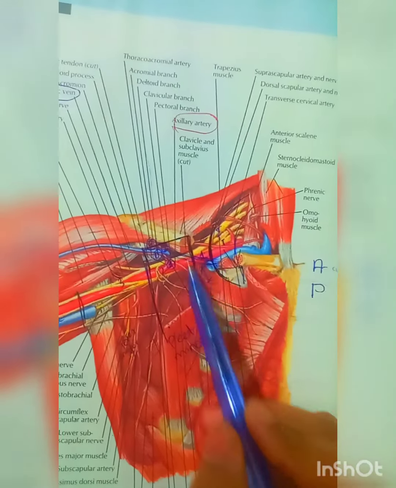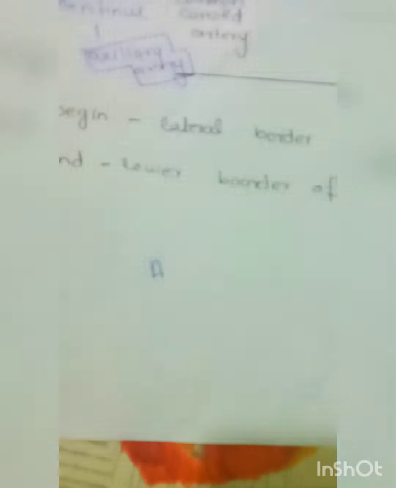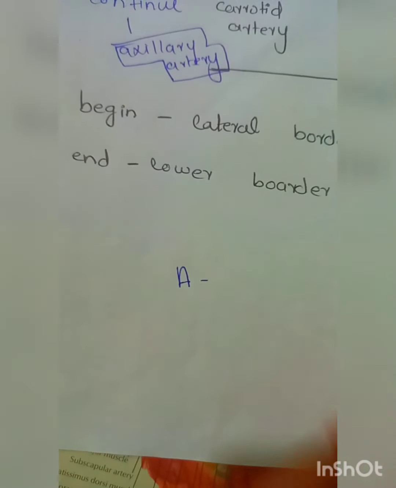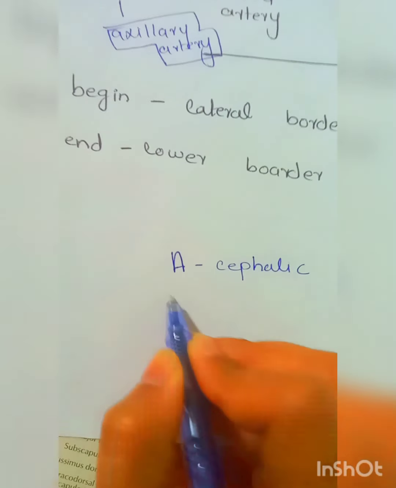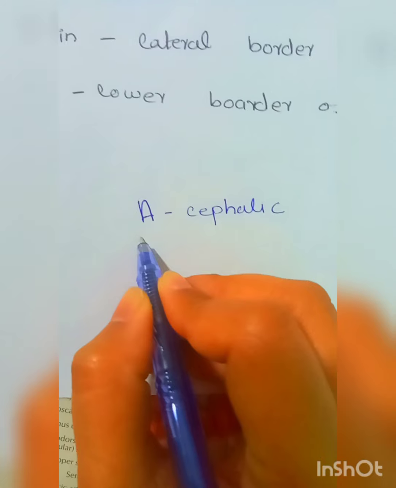So, the first part of the axillary artery: anteriorly, the cephalic vein crosses the first part of the axillary artery.